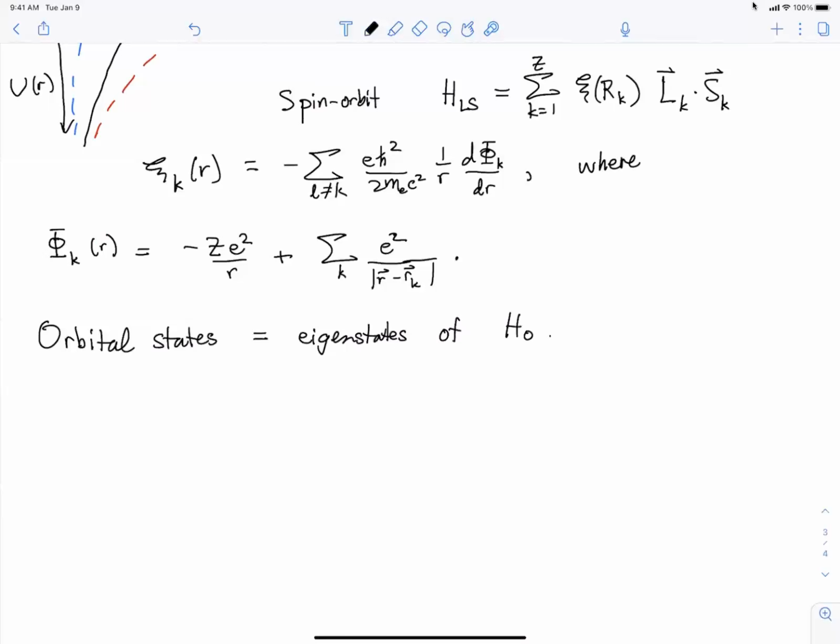Okay, and if I write a wave function for them, I'm going to write phi for them. They're going to depend on an orbital quantum number n, an angular momentum L, and an S. If I write the wave function for a state like that, it's going to have a radial wave function, which depends only on r and depends on n and L. And to differentiate this from the hydrogen atom case, I'm going to put a superscript U on it.